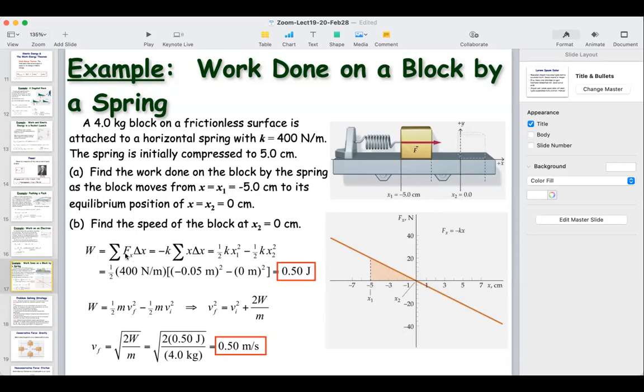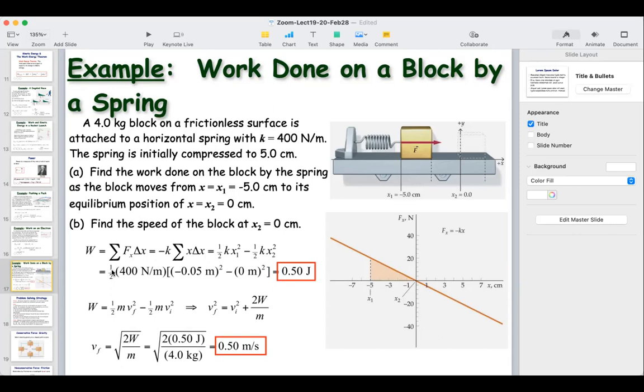And work in this case is the force along x, which is our spring, the only one playing a role along x, multiplied by delta x. The force of the spring is minus kx, I don't know if you remember from the previous lectures. So minus kx delta x is equal to the difference in the potential energy.